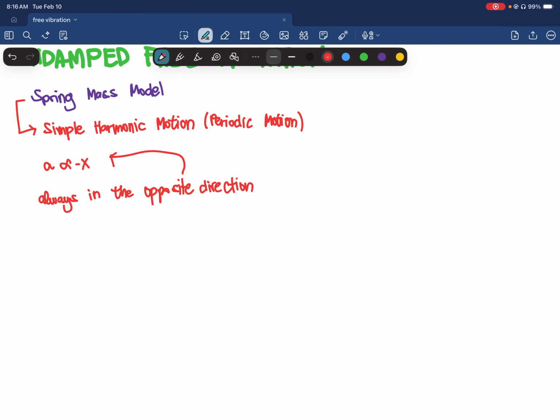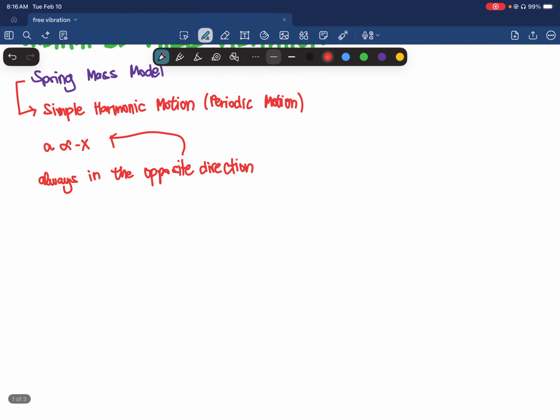Whenever the displacement is less than zero, our acceleration will be going up, so it's always positive. We'll be able to show that, and we'll appreciate it more when we draw our spring mass system.